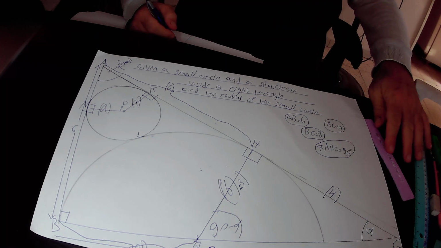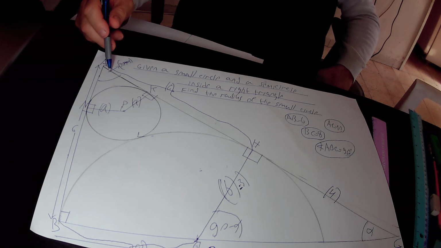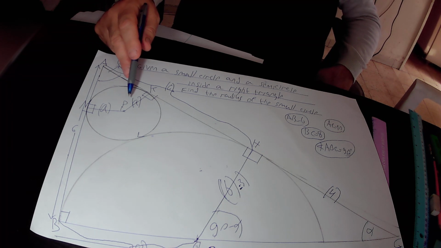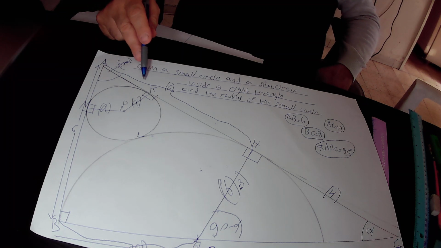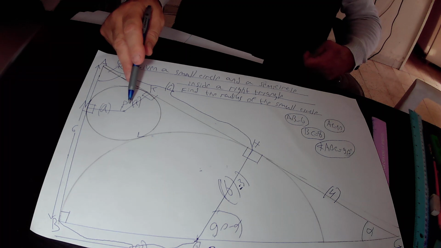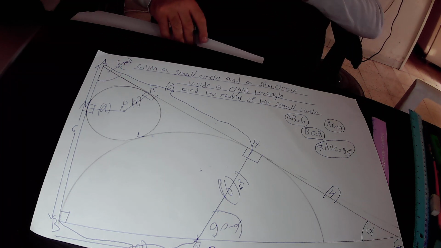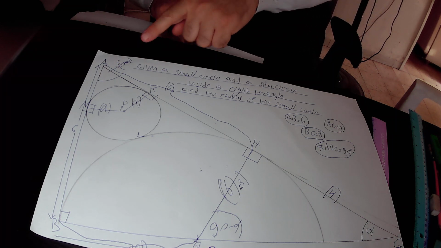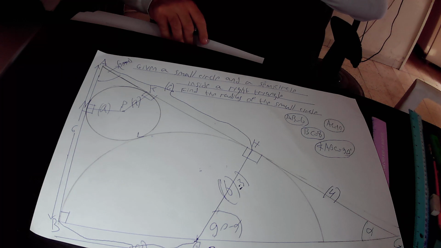And according to rule 15, the angle bisector of this angle A must pass through point P, that is the center of this small circle.